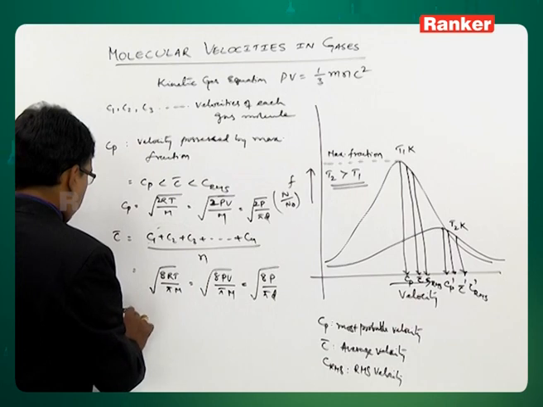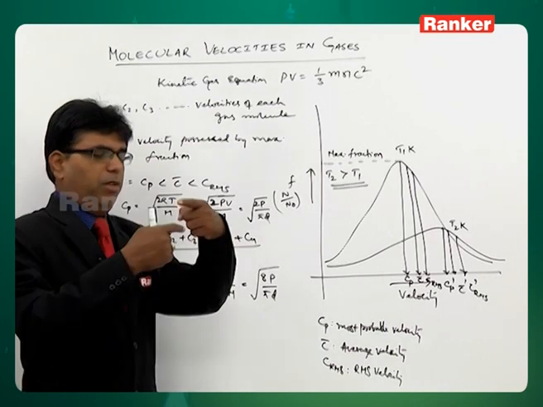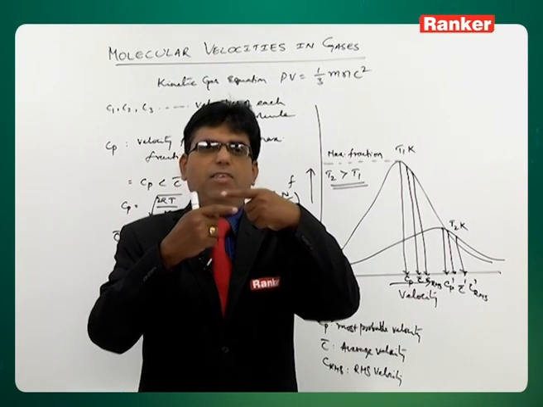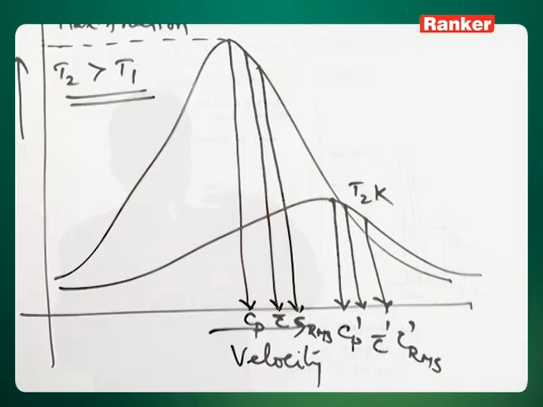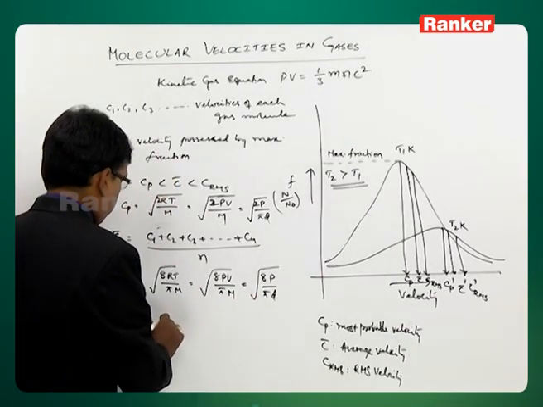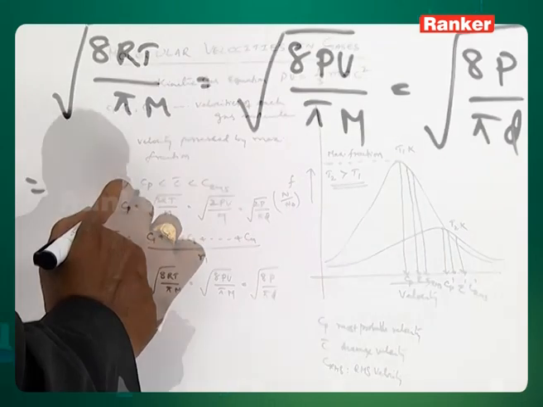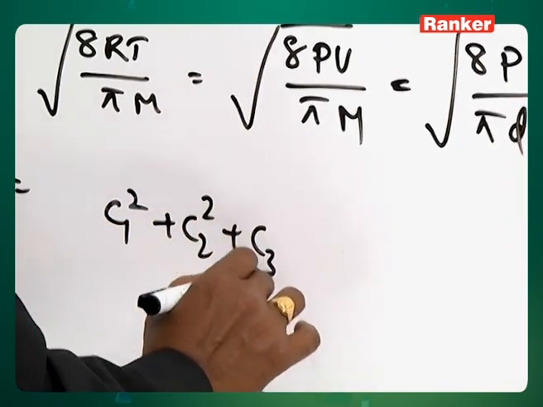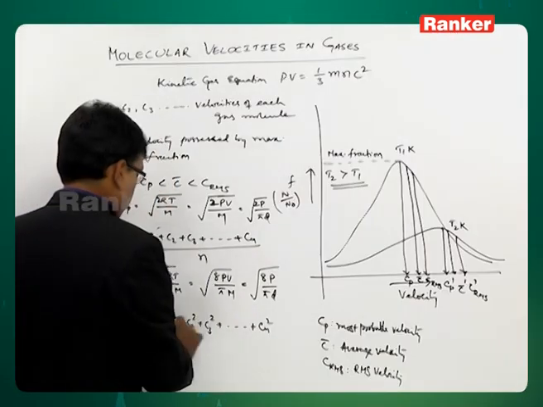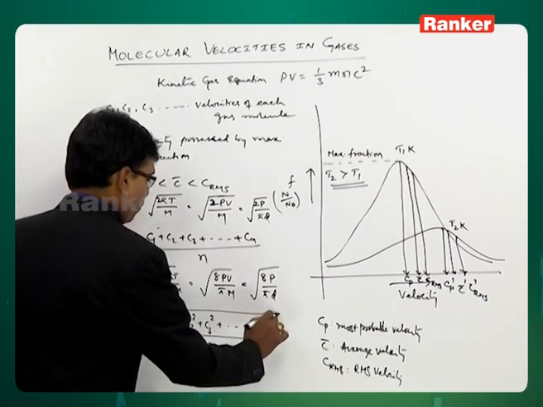And CRMS is, as I told, because for C bar there is a possibility that when you consider the sign of the velocity, the average is likely to be 0 or even very less. So, in order to avoid that, the root of the mean of the squares of velocities is taken. That is C1 square plus C2 square plus C3 square, etc., divided by n, root over this.